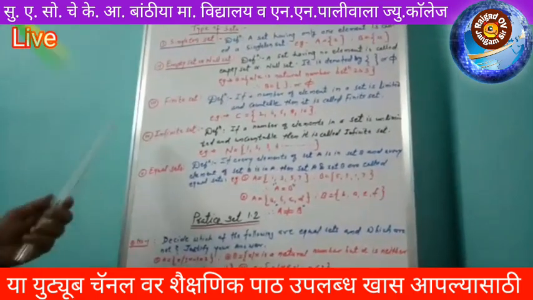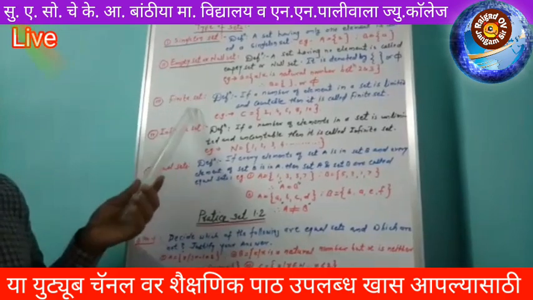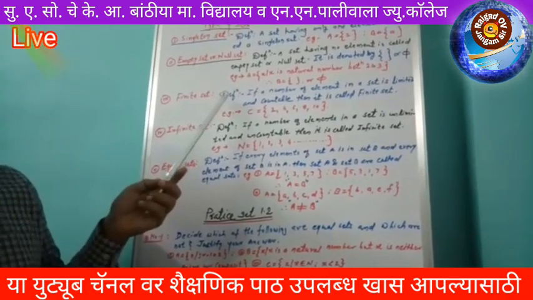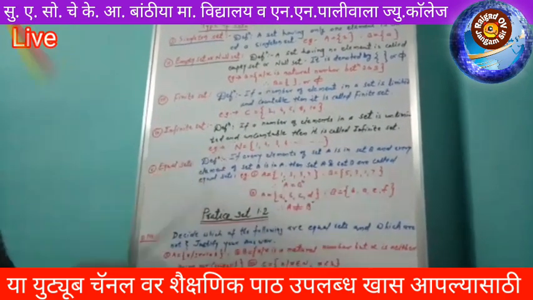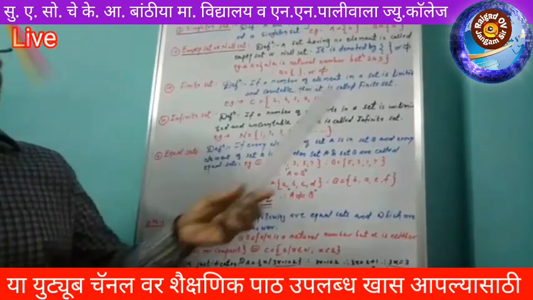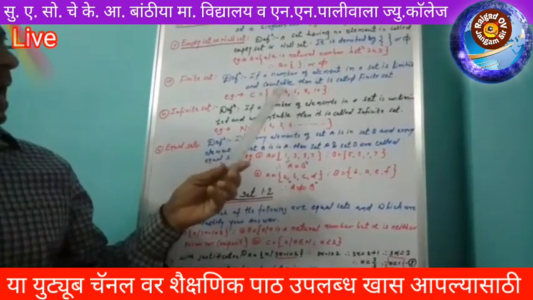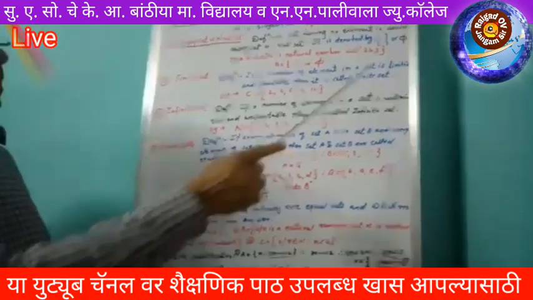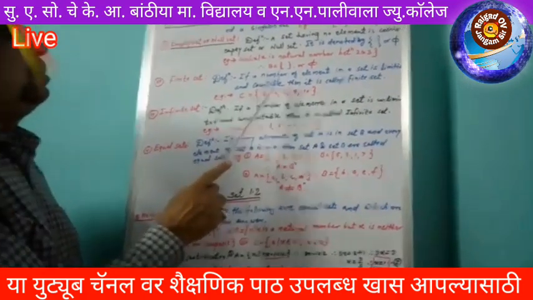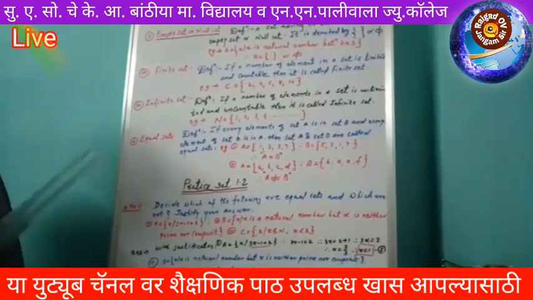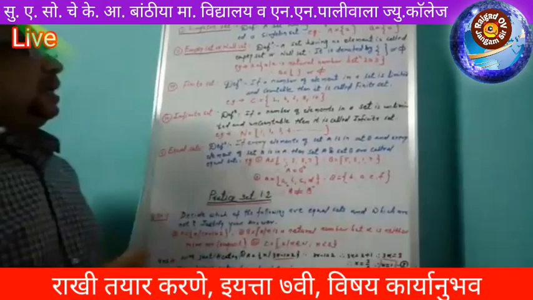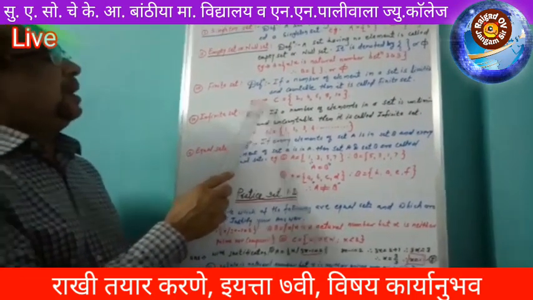Now go to the third set, that is finite set. What is the definition of finite set? See here, if the number of elements in a set is limited and countable, these two words are very important, limited and countable, then it is called a finite set. See here example.